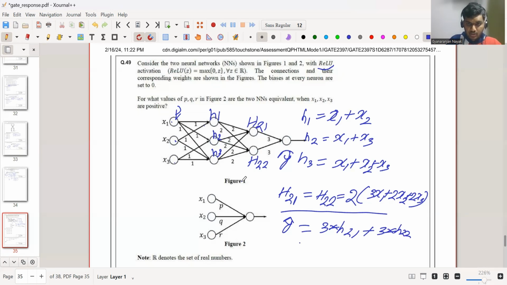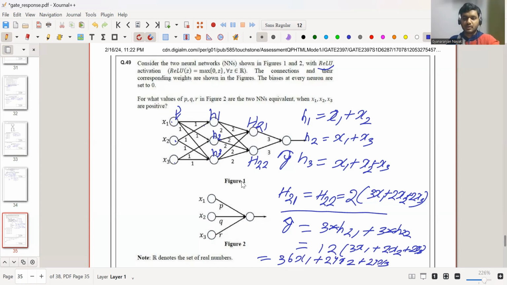So it is equal to 12 into 3x1 plus 2x2 plus 2x3. If you calculate this, 12 into 3, that is 36x1 plus 24x2 plus 24x3.